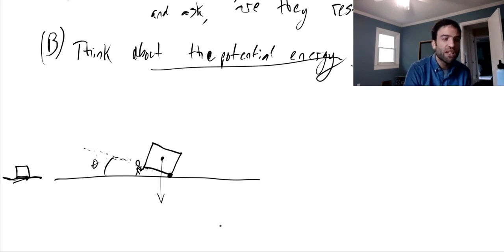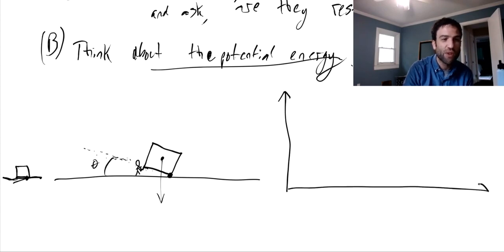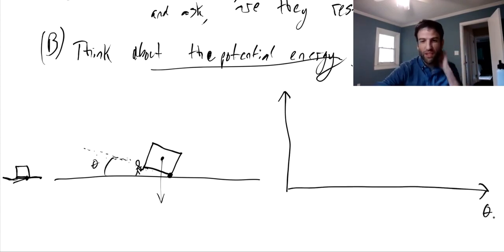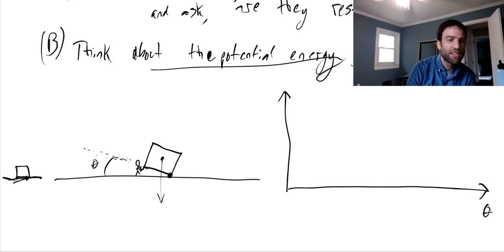Okay. Let's think about that in terms of the potential energy, the gravitational potential energy, as we lift that block up. So what I'm going to plot is, as a function of how much I tilt the block, what this angle theta is, what is the gravitational potential energy, right?